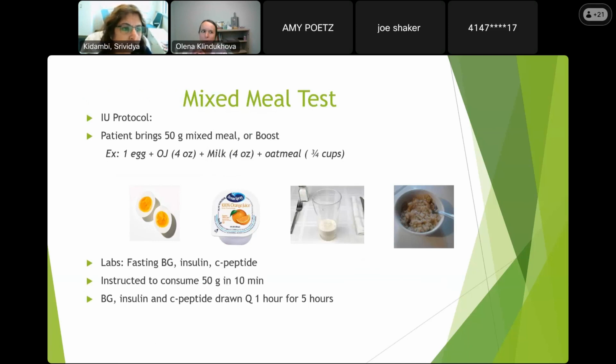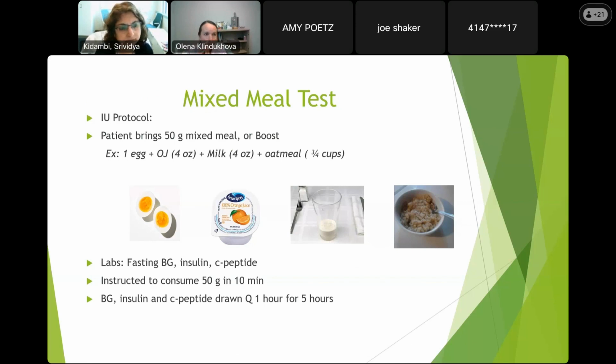So I always kind of felt that the mixed meal test is a bit of an enigma. Different institutions have different protocols, and different articles will report different foods or different liquids utilized.